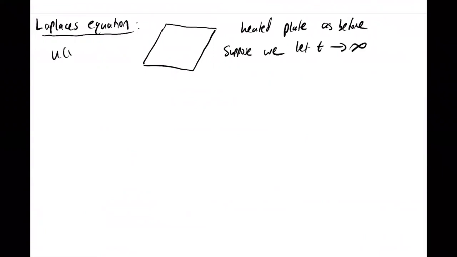I have some function u of x, y, t, which is describing the way the heat spreads out. And so eventually, in the limit as t goes to infinity, we expect some kind of equilibrium to be reached.